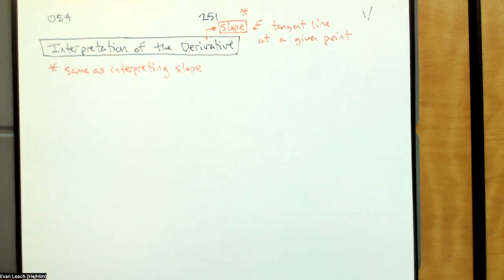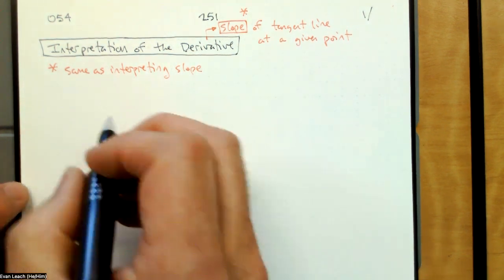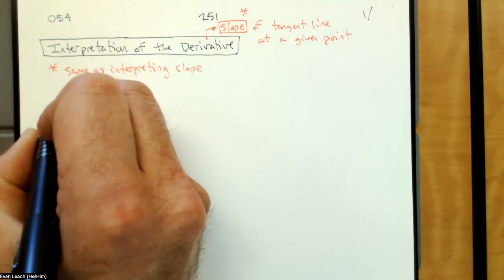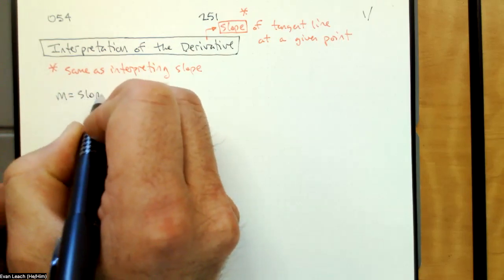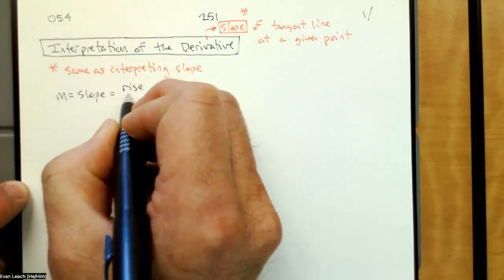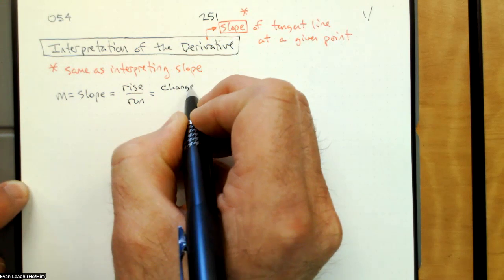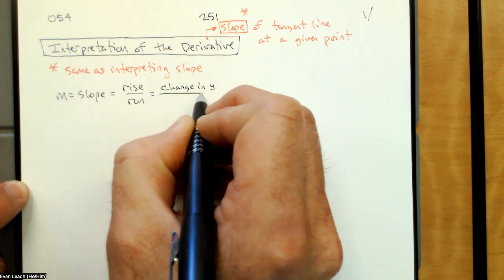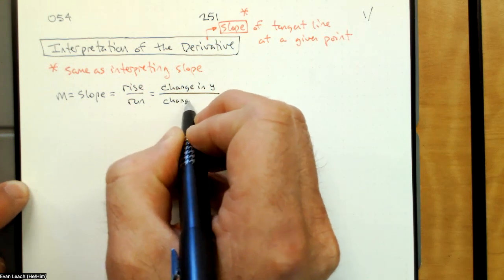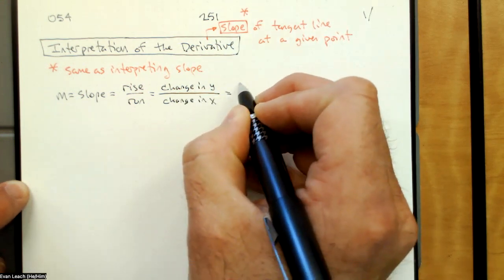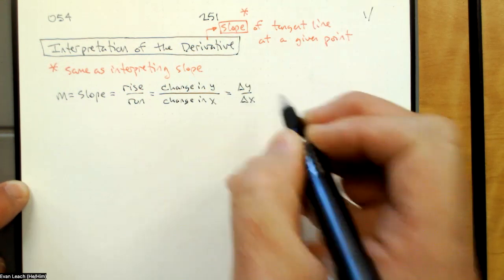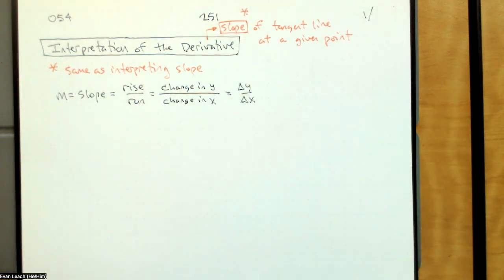Like I said, nothing new, just remixing the old stuff. So let's remind ourselves of how we interpret the slope. Let's remind ourselves of how we calculate the slope.